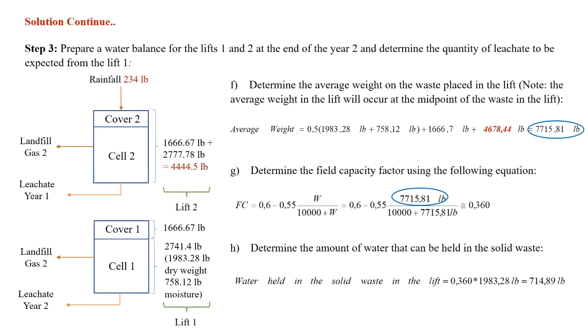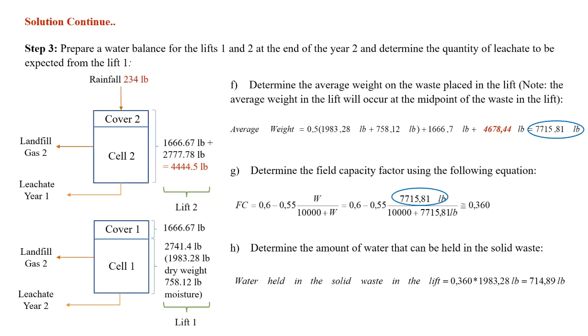And then again, to calculate the field capacity, we should find the average weight of lift based on the values that we have calculated before. Firstly, for the first lift, we should apply the same procedure. We should add the dry weight and moisture content of the solid waste and multiply that with 0.5. Then we should include the weight of cover material and the weight of lift 2.